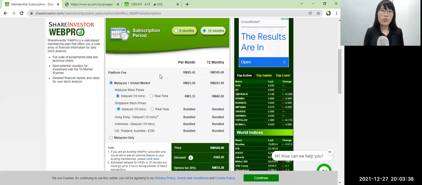You can also choose Malaysia stock price real time or delayed. For the Singapore stock price, you can choose delayed or real time also. If you don't invest in Singapore stocks, you can choose delayed. Hong Kong is delayed by 15 minutes, the Indonesia market is delayed by 10 minutes, and US, Thailand, and Australia are EOD.